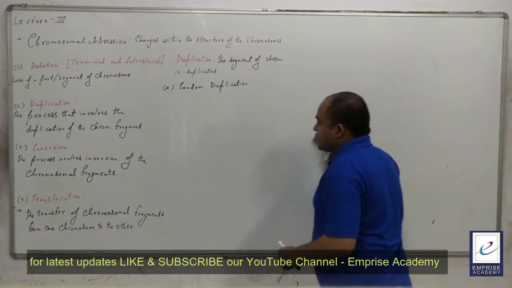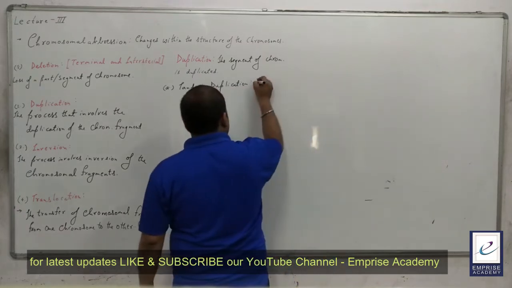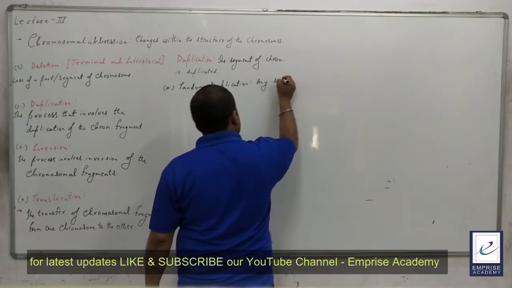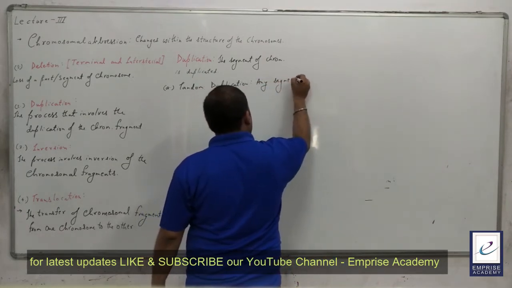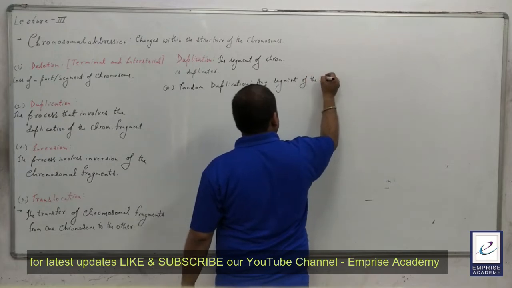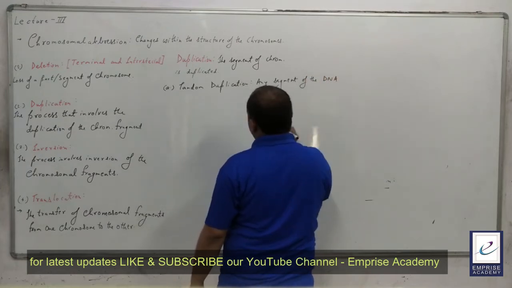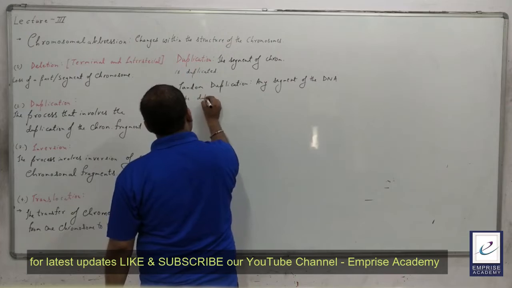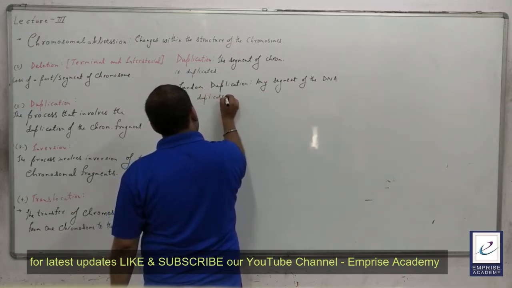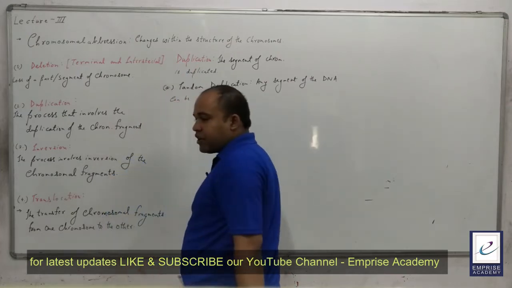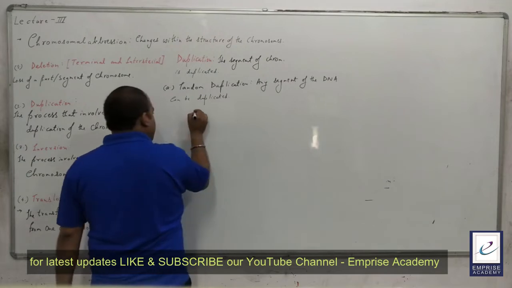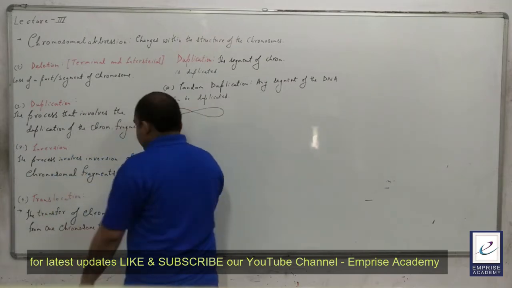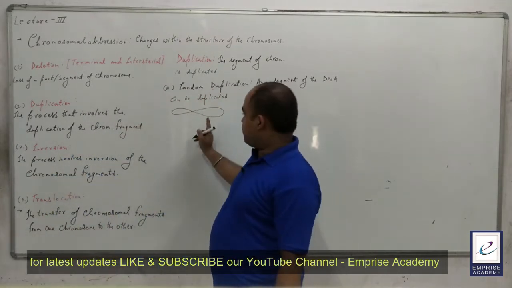Now what happens in the case of tandem duplication? Any segment of the DNA can be duplicated. Now how can the segment of the DNA be duplicated? For example, look here, this is a chromosome.